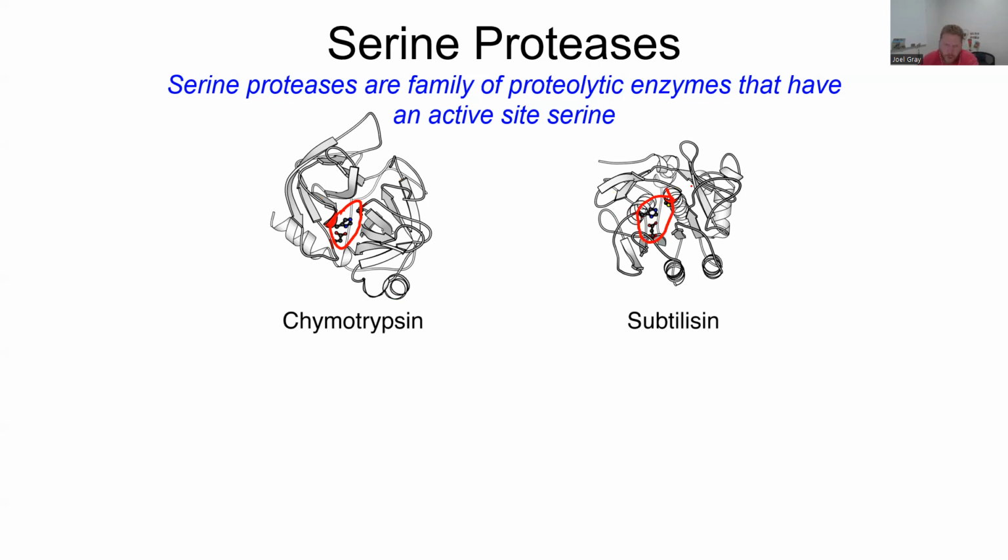What I want you to take away from this is when you look at structures like this, it's important to be able to say, okay, I see those balls and sticks in space. Those are making up a molecule. Those are atoms. Some are red, some are black, some are blue.